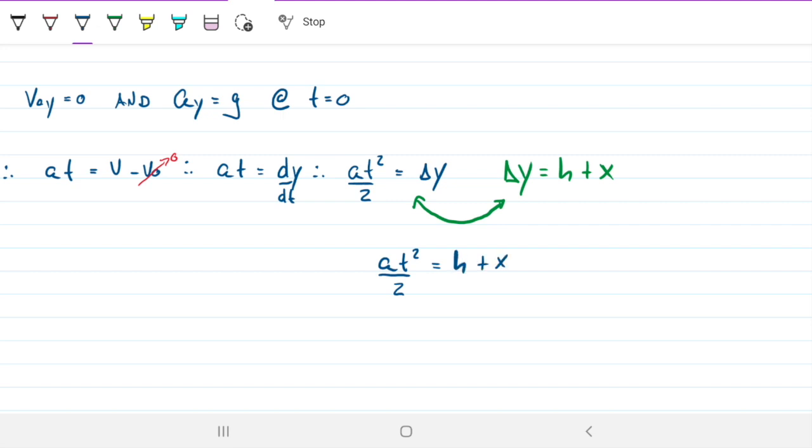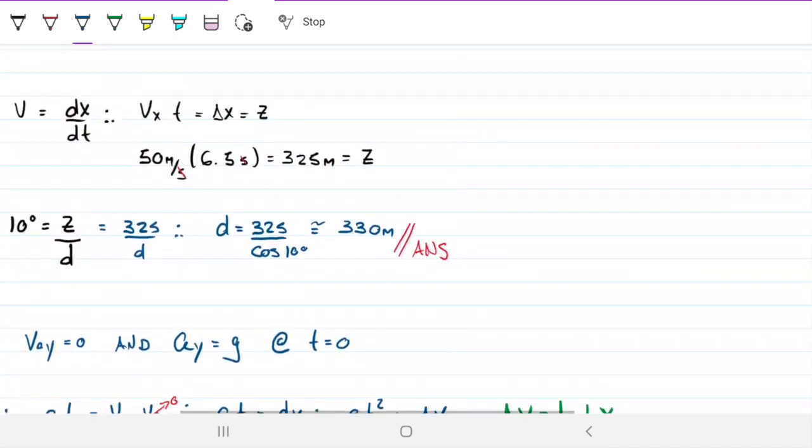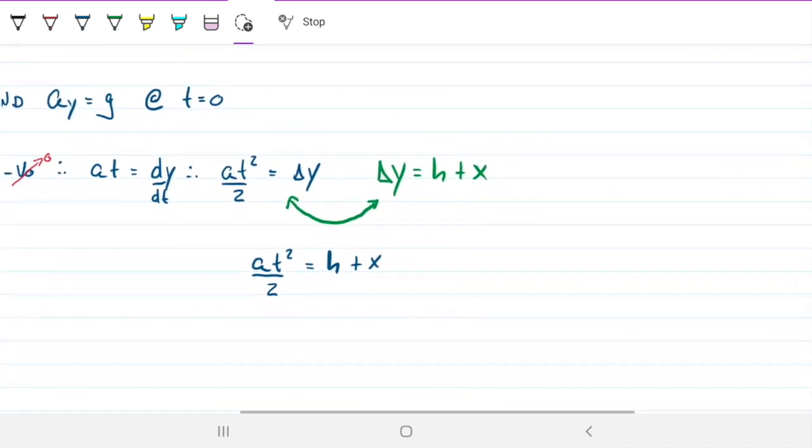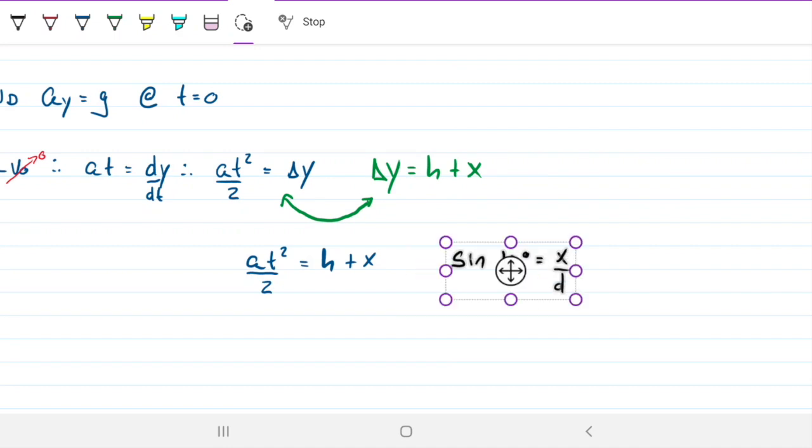Now we can sub in a bit more things because acceleration is gravity, time is 6.5, that's how much it has to fall, and x we can calculate using the sine equation, right? So let me go ahead and grab a sine identity that we wrote before. We put that over here to remind us of what we're doing.